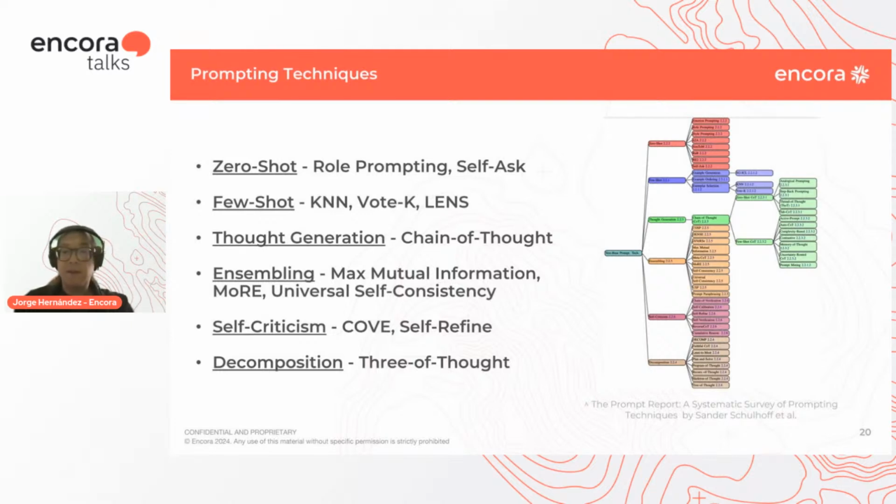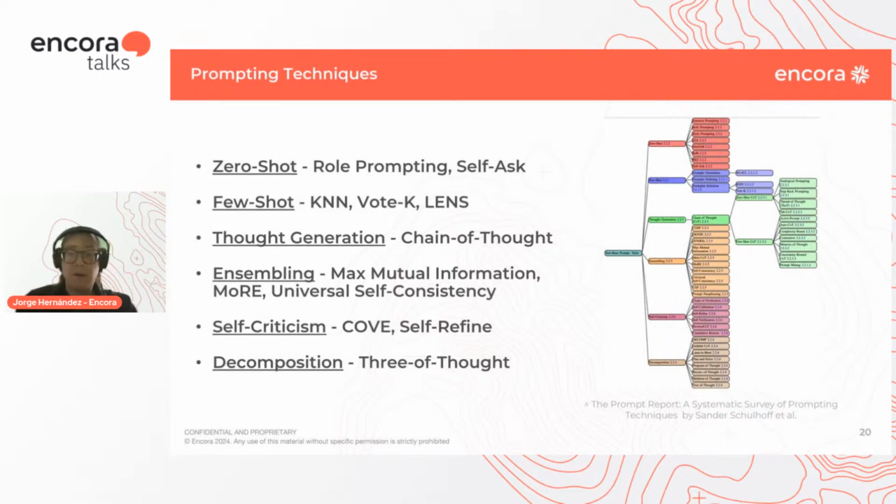There's also asking them to ask themselves questions. Then you got some few shot techniques, which is where you use in context learning, where you give it examples, and you have stuff like KNN, Vote-K, and others, where you ask them to evaluate its responses from multiple examples. And then, of course, there's thought generation.